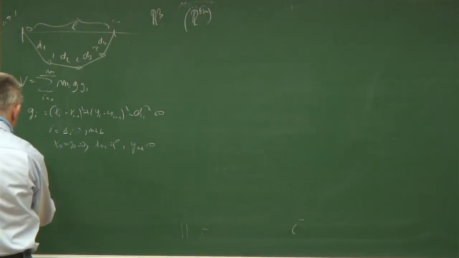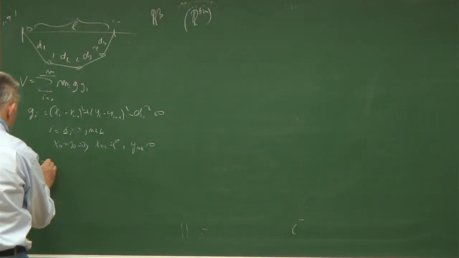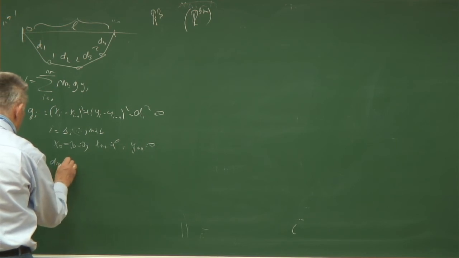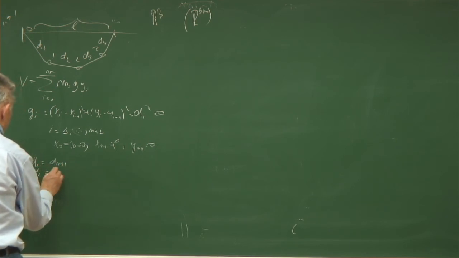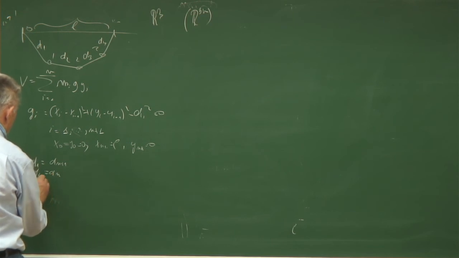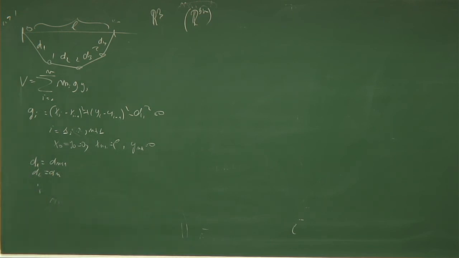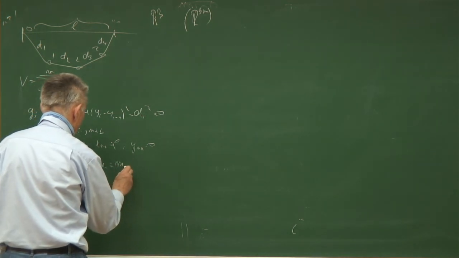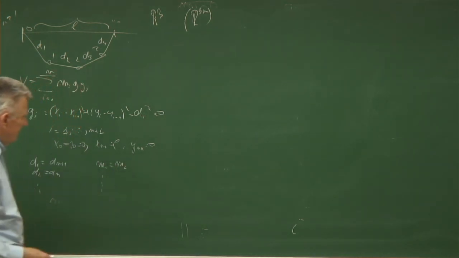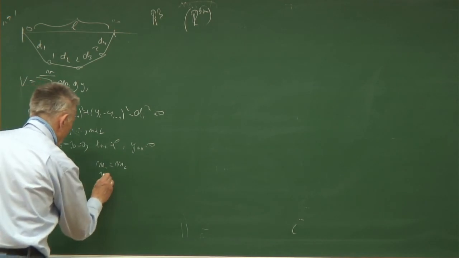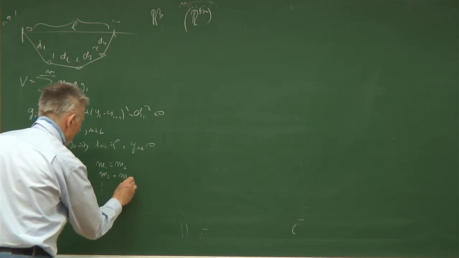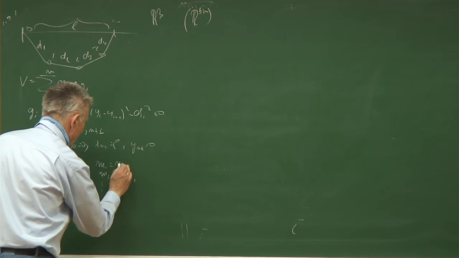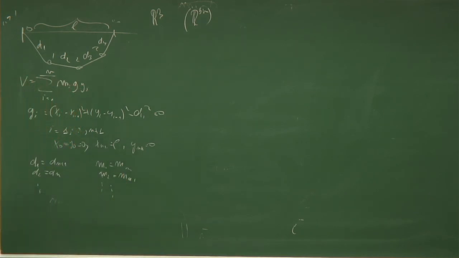So d1 is equal to d_{n+1}, d2 is equal to d_n, and so on. And also m1 is equal to m_n, m2 is equal to m_{n-1}, and so on. Then I call my catenary symmetric.